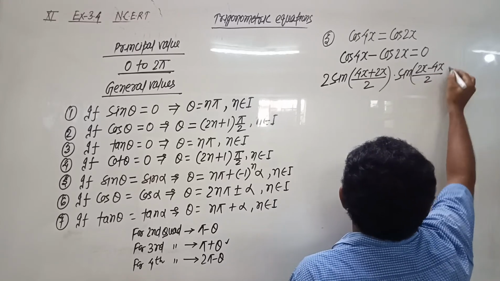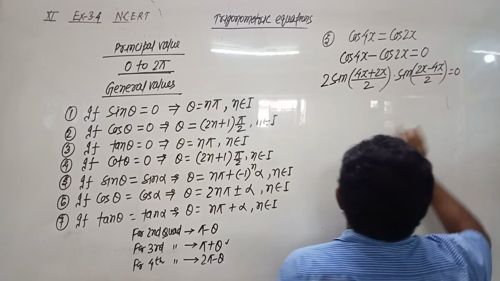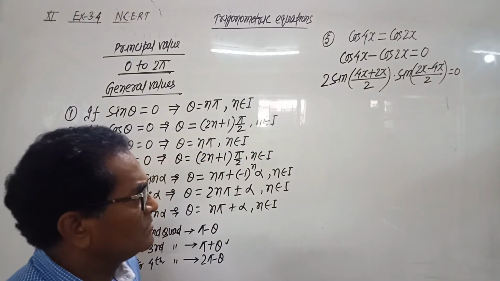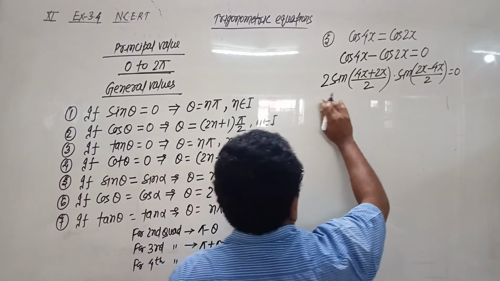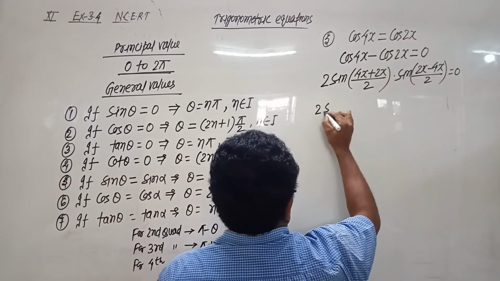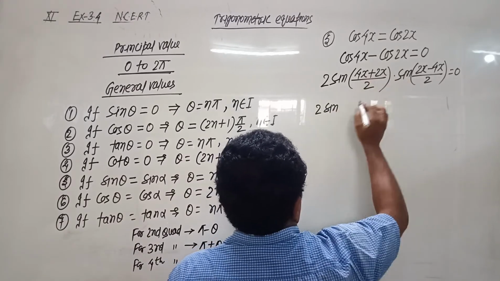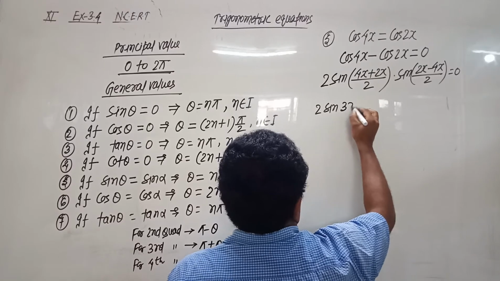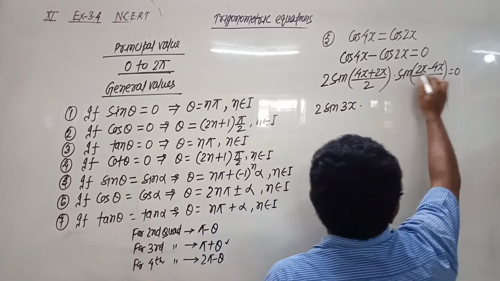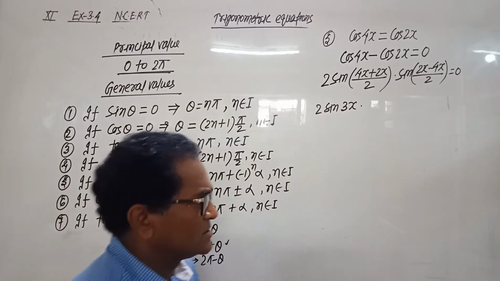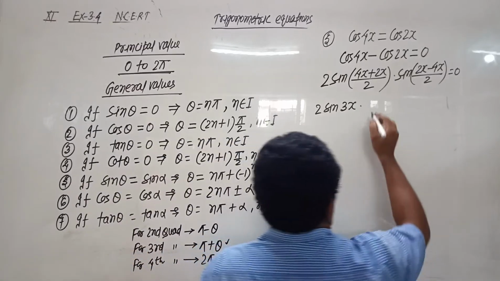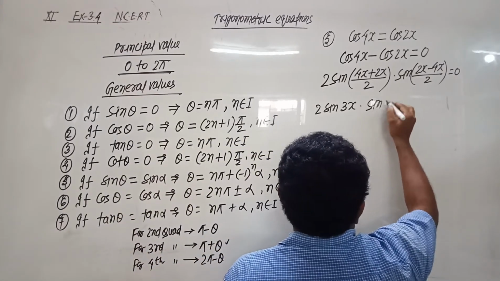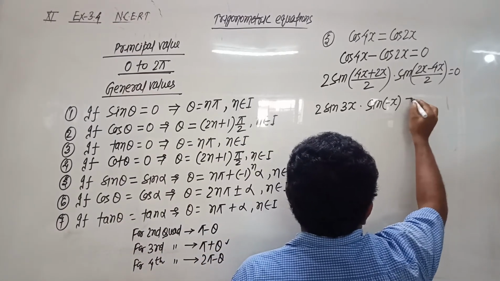Separately we solve both the expressions. So 2 sin of (4x plus 2x) by 2, that is 6x upon 2, 3x, into sin of (2x minus 4x) by 2, sin of minus 2x by 2, which means sin of minus x, equals 0.